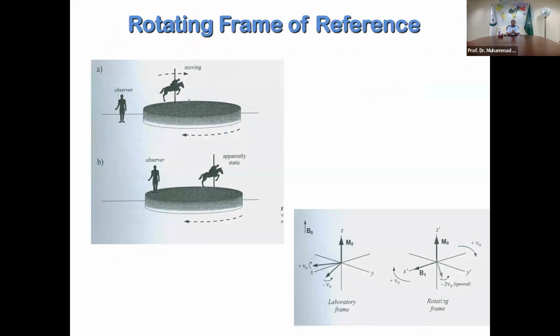Now we come to a very, very interesting concept, and it's called the rotating frame of reference. You give a 90 pulse, and then you bring the magnetization vector onto the XY plane and assume that you have two different types of protons, such as in chloroethane or fluoroethane. Then you have two different vectors moving with different speeds because they have different Larmor frequencies.